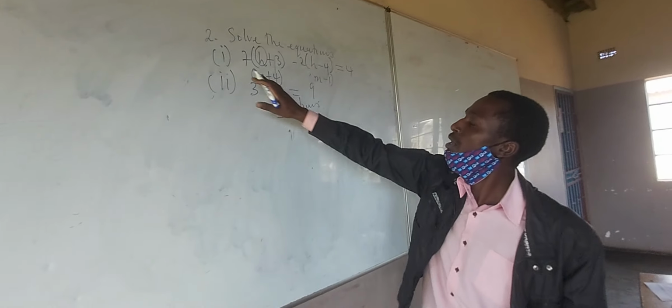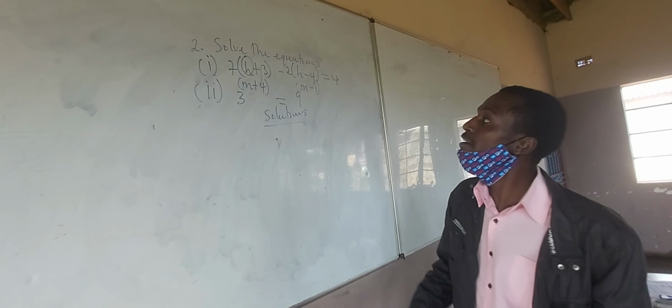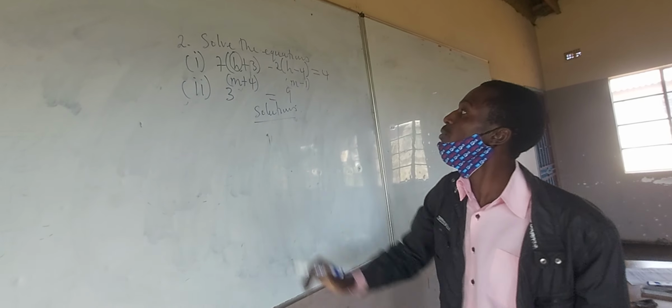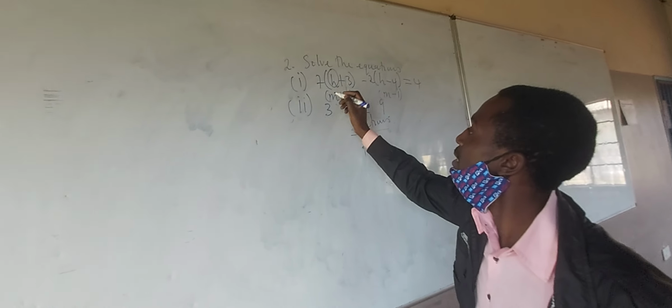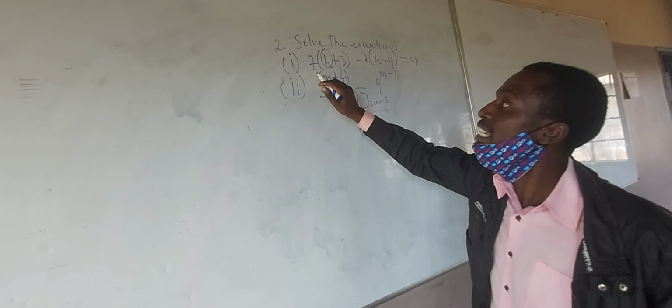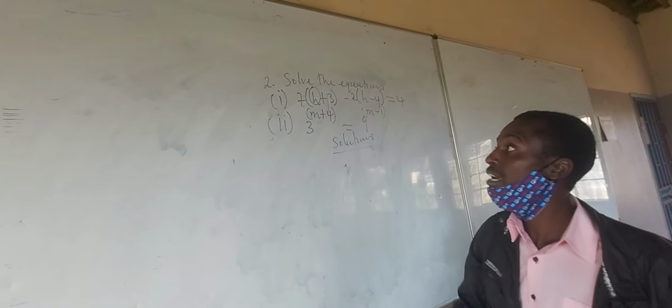So to solve the equation on item number 1, firstly we have to remove the brackets. We need to remove all the brackets, then we simplify. In this case, we have to introduce 7 inside the bracket, and this 7 is a scalar, which means it affects each and every item inside the bracket.